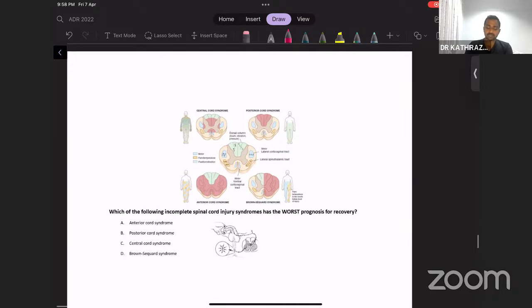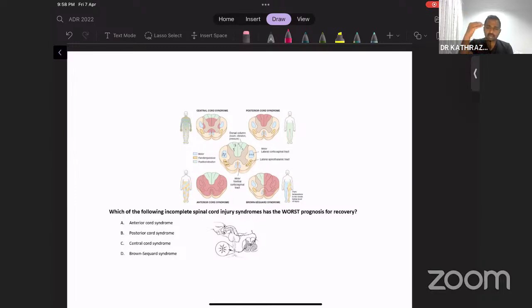Now, the next question. Which of the following is an incomplete spinal cord injury syndrome, and among the incomplete spinal cord syndromes, which has the worst prognosis? This is a slightly modified version. Most often they check the bulbocavernosus reflex.